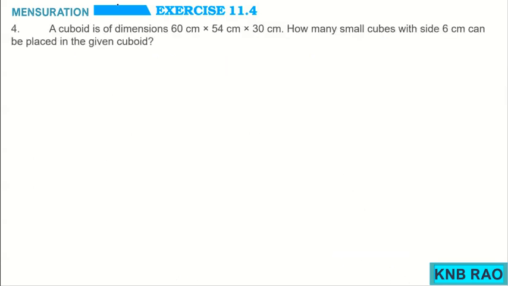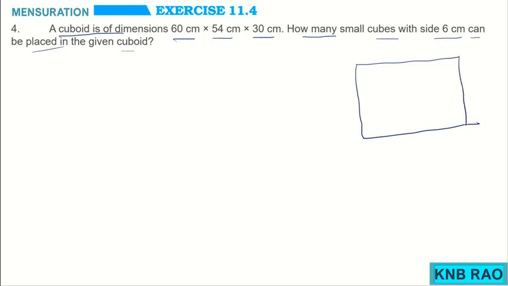In question number 4, a cuboid of dimensions 60 centimeter by 54 centimeter and 30 centimeter. How many small cubes with the size 6 centimeter can be placed in the given cuboid? See children, it is very simple concept.